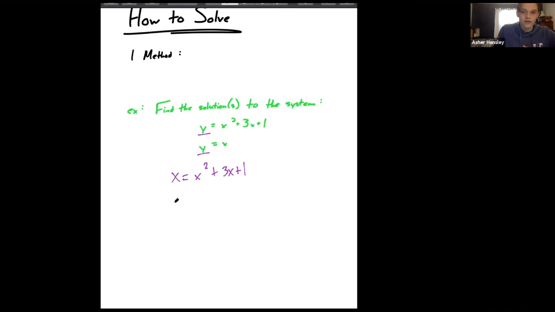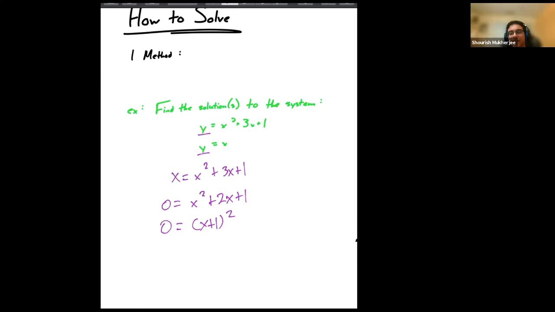Now we're just going to bring everything over to the same side. 0 equals x squared plus 2x plus 1. And now, what's our final step here, y'all? Factoring. Nice. Absolutely. So 0 equals (x plus 1) squared.